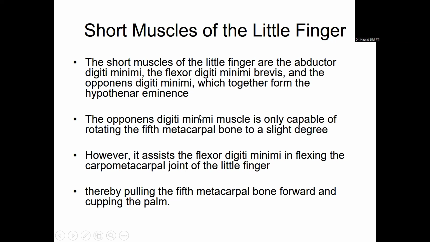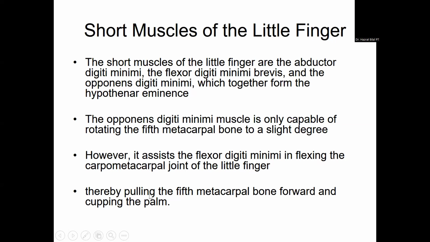The opponens digiti minimi muscle is only capable of rotating the fifth metacarpal bone to a slight degree, while this muscle also helps the flexor digiti minimi in flexing the carpometacarpal joint of the little finger.